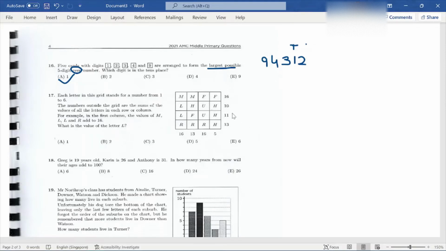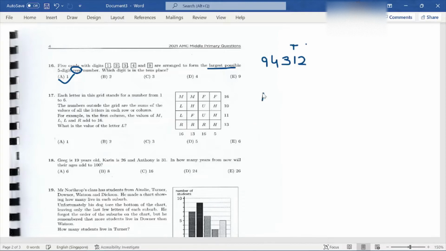So we would start with a row or a column which has the least unknowns. If you look at several other rows or columns, we would see that there are at least 3 unknowns involved. However, looking at column number 4, we see that there is just F and 3H plus 5.